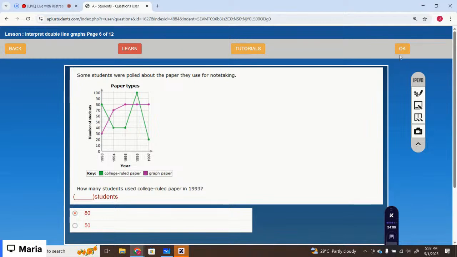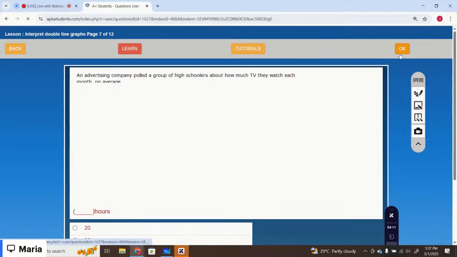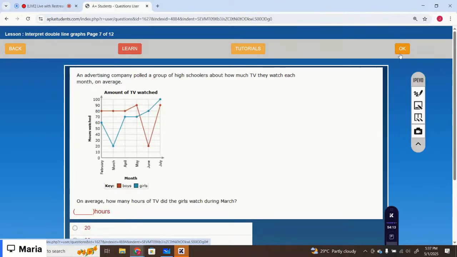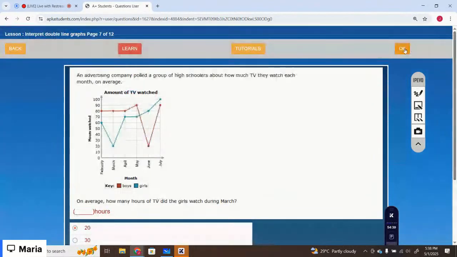The correct option is 80. Option number one is the correct option. An advertising company asked a group of high schoolers about how much TV they watch each month on average. On average, how many hours of TV did the girls watch during March? That is 20 hours. Option number one is the correct option.